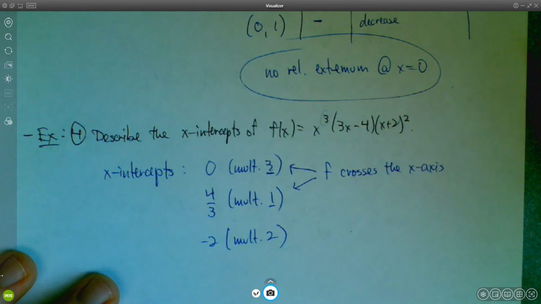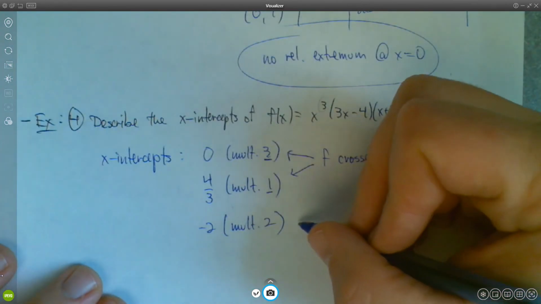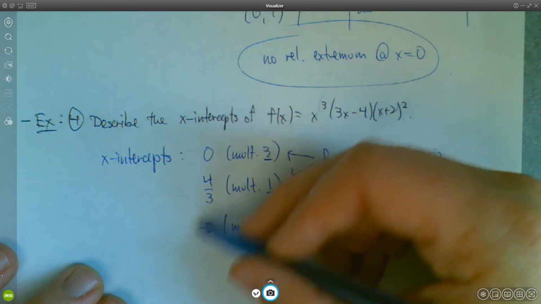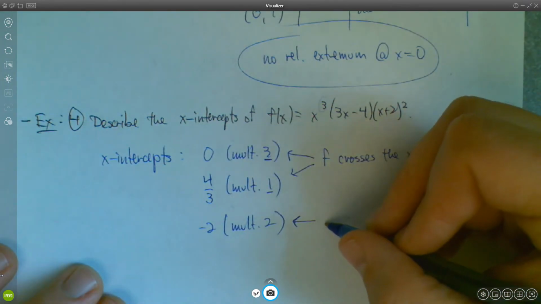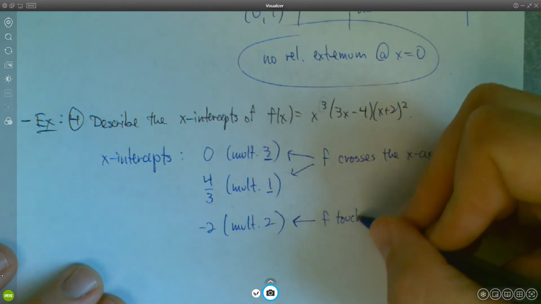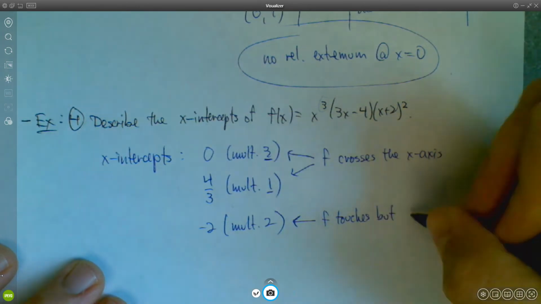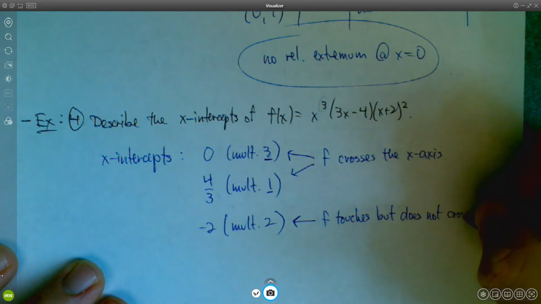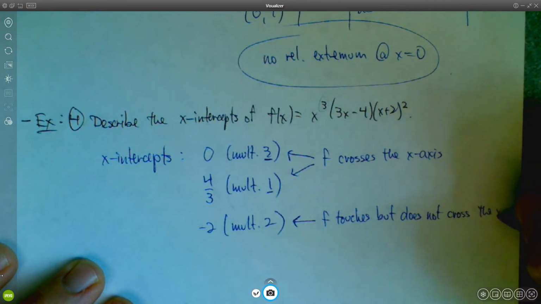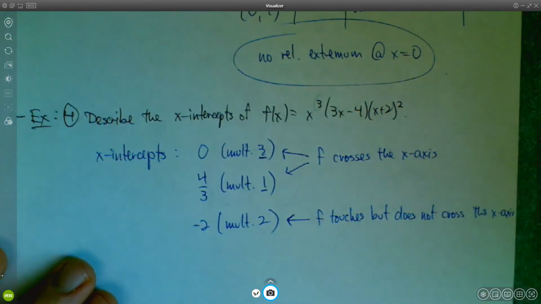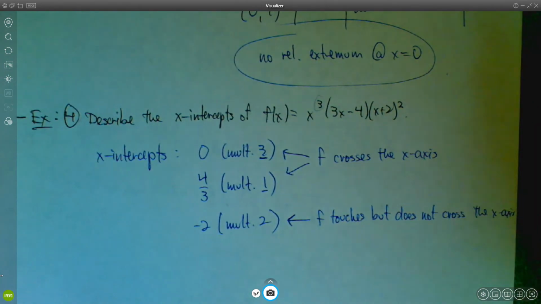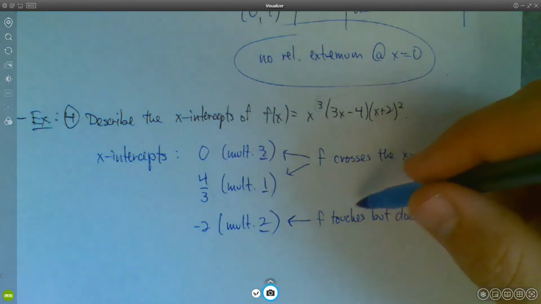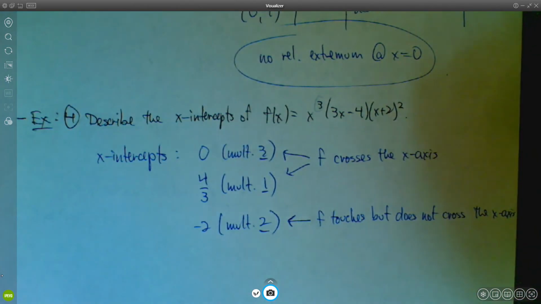At -2, f is going to touch but does not cross the x-axis. Why? Because its multiplicity is even. So it touches, but it doesn't cross the x-axis.